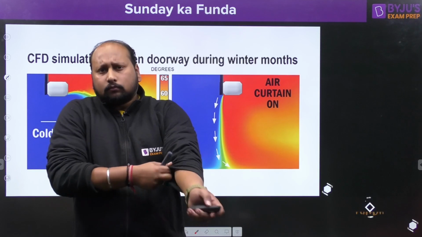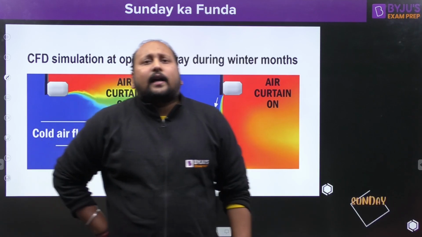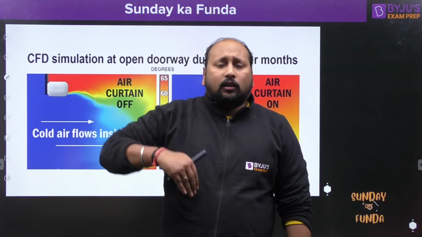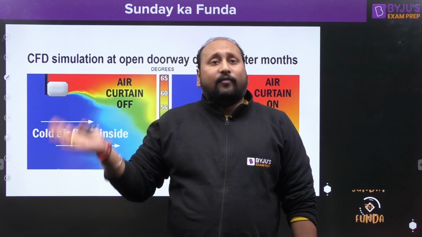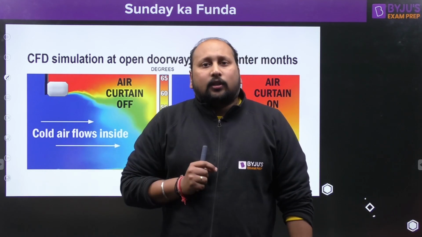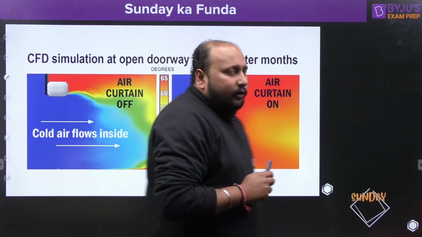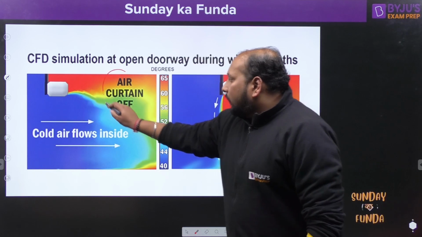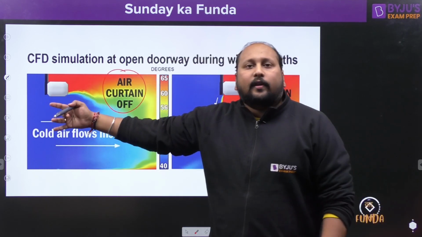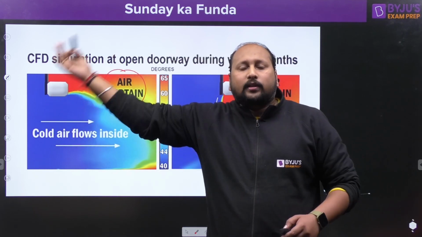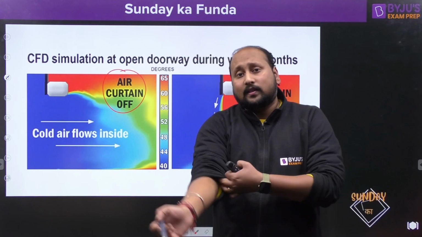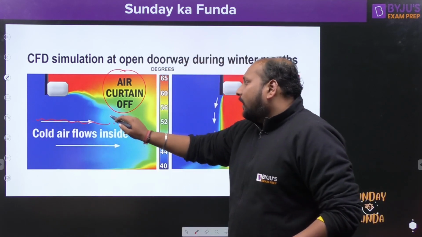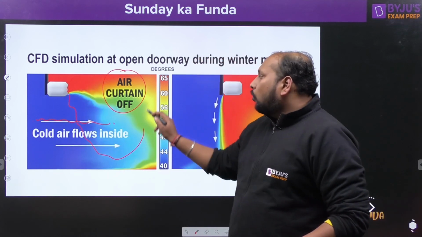Now, let's see a research article: what difference in temperature is seen if you switch the air curtain on or off. If you visualize this CFD simulation with the air curtain off, and let's suppose we are talking about the winter season, when the outside temperature is near 5 to 6 degrees Celsius, the outside air will enter and cool the inside temperature.